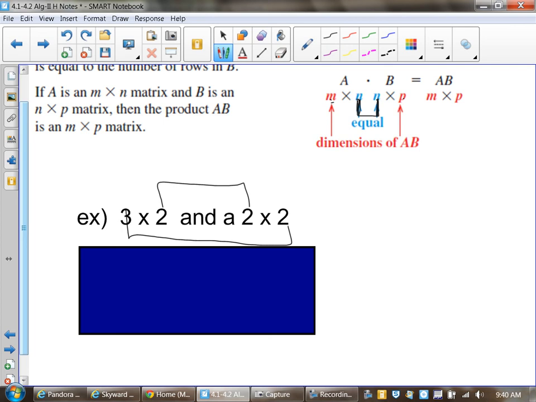This takes a little while to get used to. What you're looking at is rows by columns, rows by columns. These guys have to be the same, and then this is what the new matrix will be. After you do a couple of them, it's just a matter of simple multiplication problems.